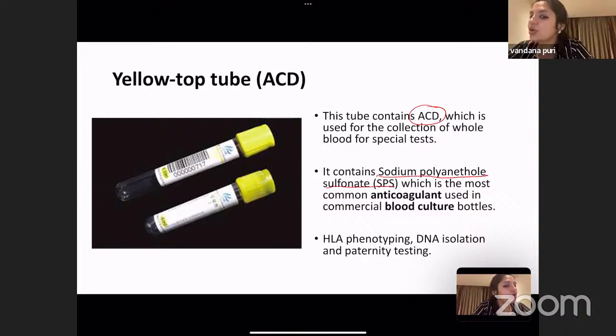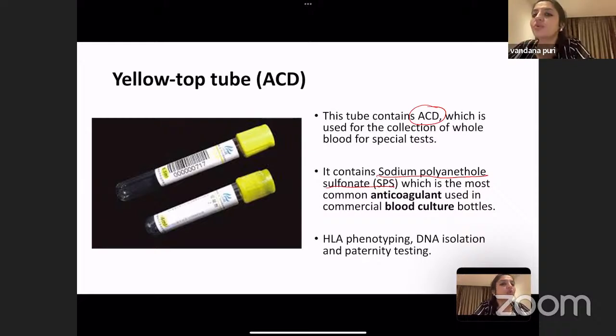This is an anticoagulant which was actually used for blood culture bottles, and we can use it for HLA phenotyping. So for HLA phenotyping we can use this yellow topped vacutainer. It contains ACD and SPS. So that is your yellow topped vacutainer, which you should not have any doubt on.